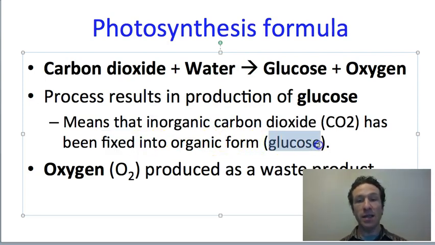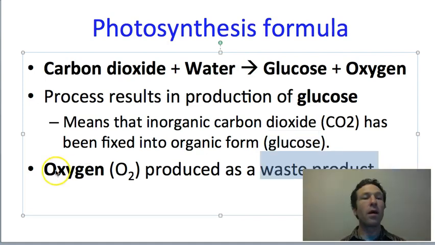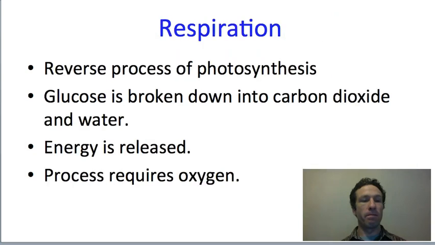Glucose counts as an organic carbon because there are 6 carbons as well as other atoms in a glucose molecule. The oxygen that is produced in photosynthesis is really just being made as a waste product. That is a summary of photosynthesis.